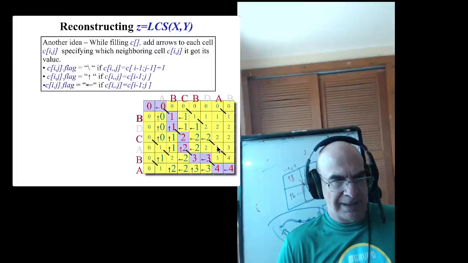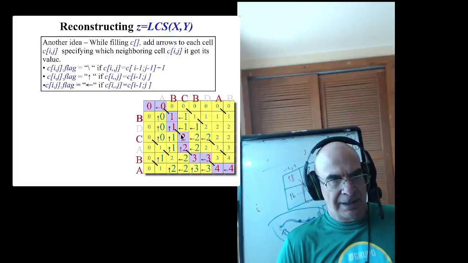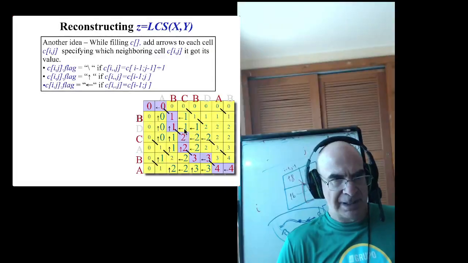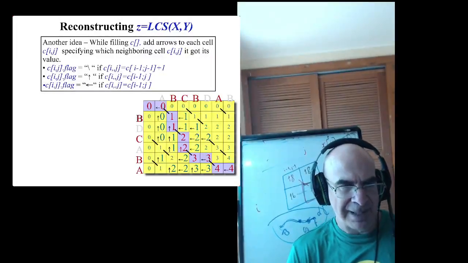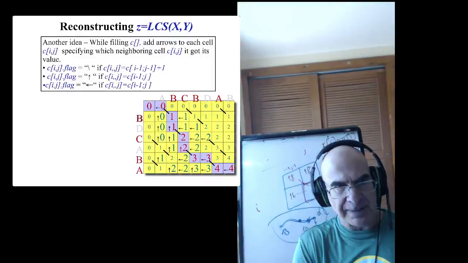Which graph? Its vertices are the cells of this matrix, and every cell is connected to its three neighboring cells, one to the left, one above, and one diagonally above. Make it into a graph and find the shortest path or the longest path in this graph.